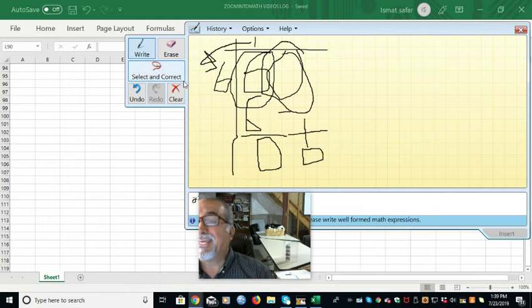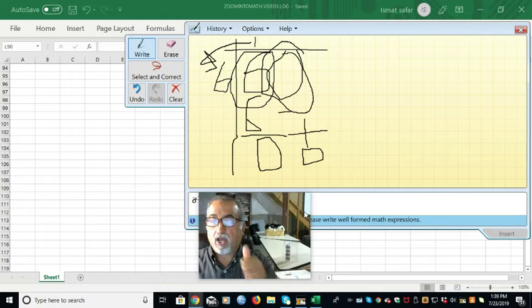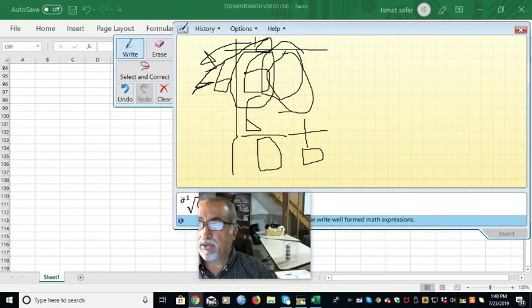So how many 6s are in 0? 0. So we put this 0 here on the top. So we have 10 on top. Then we multiply this 0 times 6, which is 0, and then we subtract. 0 minus 0 is 0.